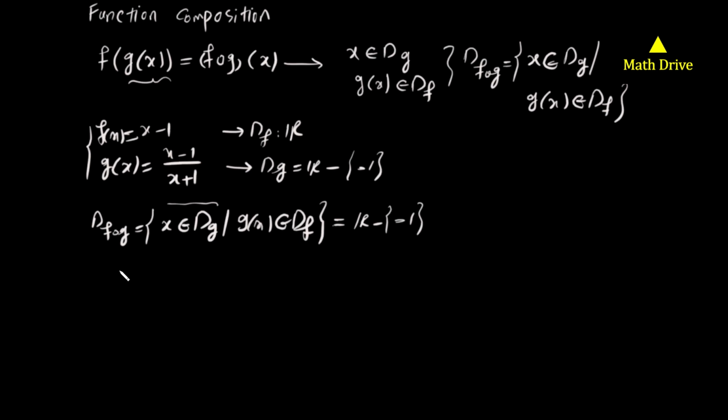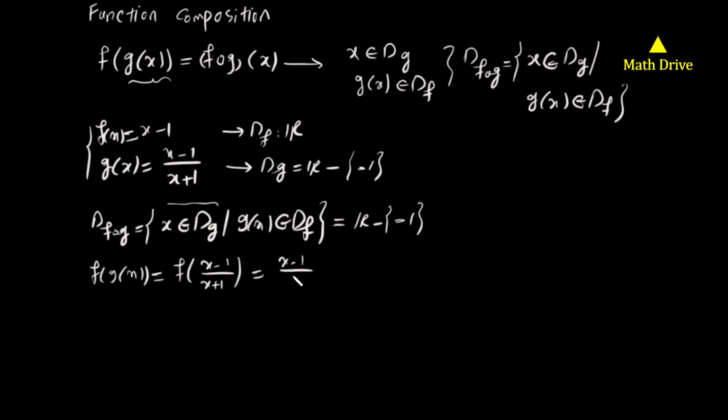We can calculate the function. So (f∘g)(x) is equal to f of, we can substitute g(x) with (x minus 1)/(x plus 1), and we know that f takes the input and subtracts 1.